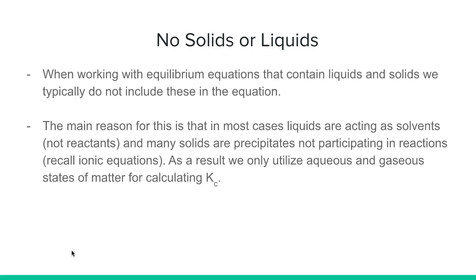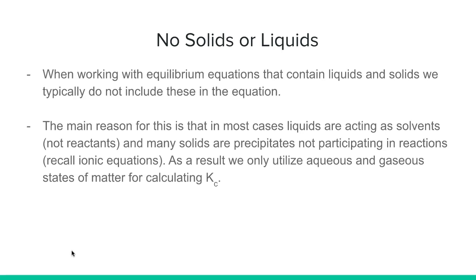Now, the reason behind this is that most of the time, liquids that are going to appear in any type of reaction are either going to be solvents, which means they're not reactants, or when they are produced, they are not actually being utilized in the reaction. Okay, so what happens is they are not a significant contributor to the Kc value overall.